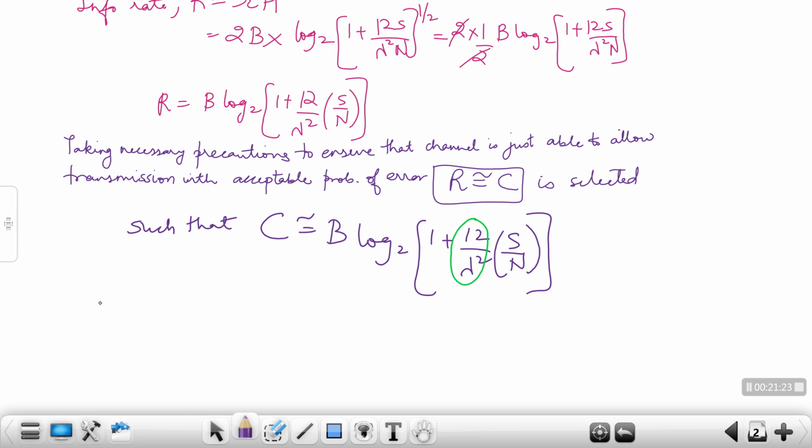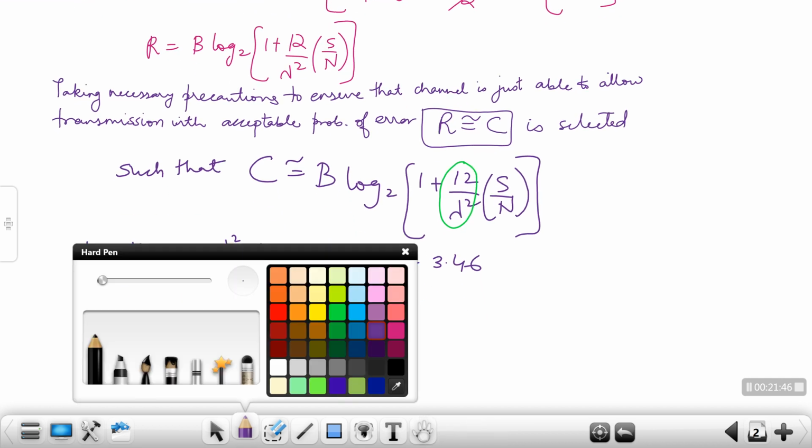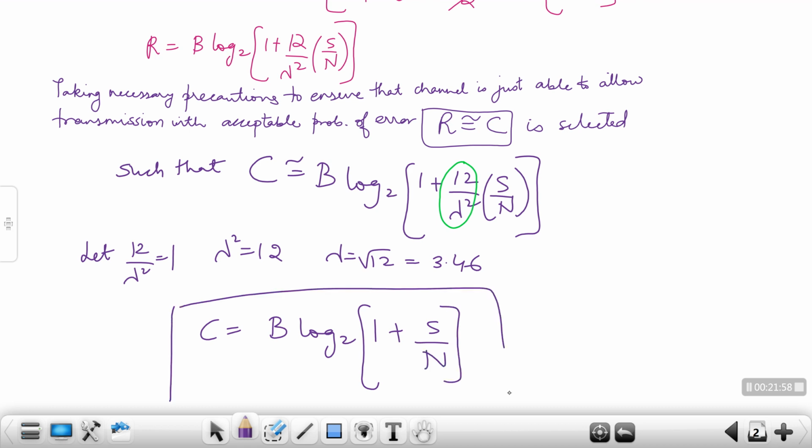So let 12 upon lambda square be equal to 1, and lambda square be equal to 12, such that lambda will be equal to square root of 12, which is 3.46. So we select the value of lambda as 3.46. It should be sufficiently large, that is what we know. So we select the level in such a way that it is 3.46 so that the equation becomes like this. So this is a simplified equation for the channel capacity. Now this is bits per second.